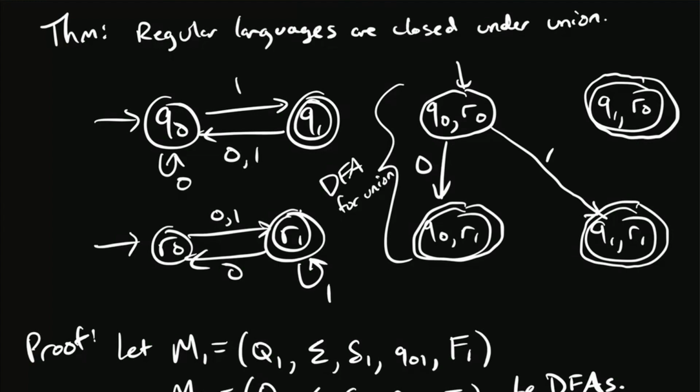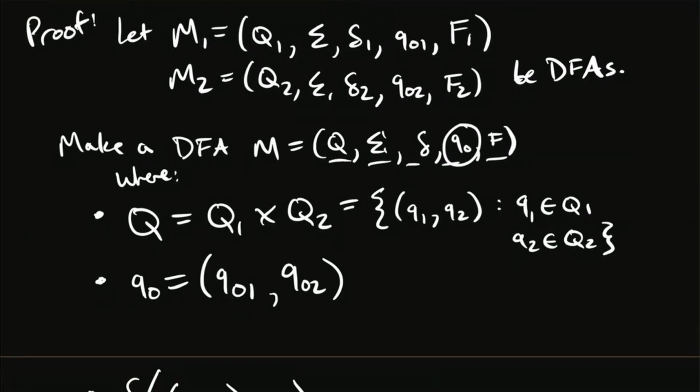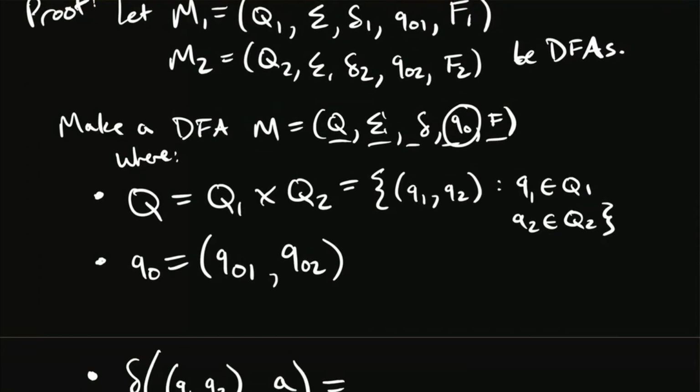But more importantly, we looked at the original transition functions to figure out what to do. For the Q0 one, we looked at the first machine and figured out what its transition function did. And for R0, we looked at the transition function and saw what it did. So what do I do here?